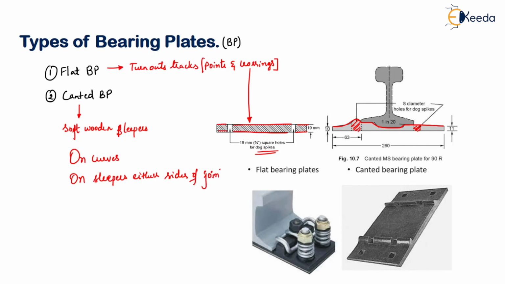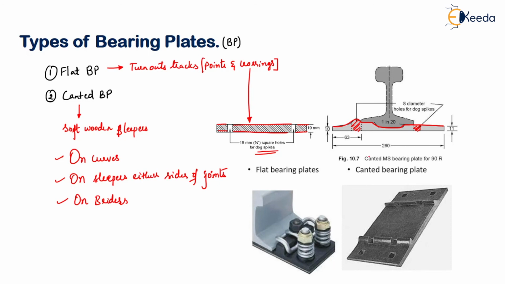So whenever there is a curve, you have to go for canted bearing plates. Whenever you have sleepers on either side of the joints, you have to go for canted bearing plates, and on bridges also you have to go for canted bearing plates.